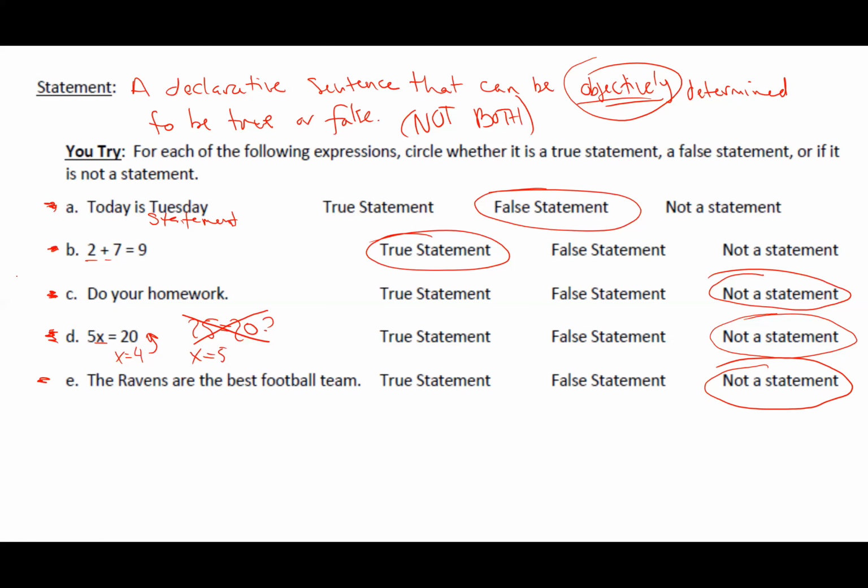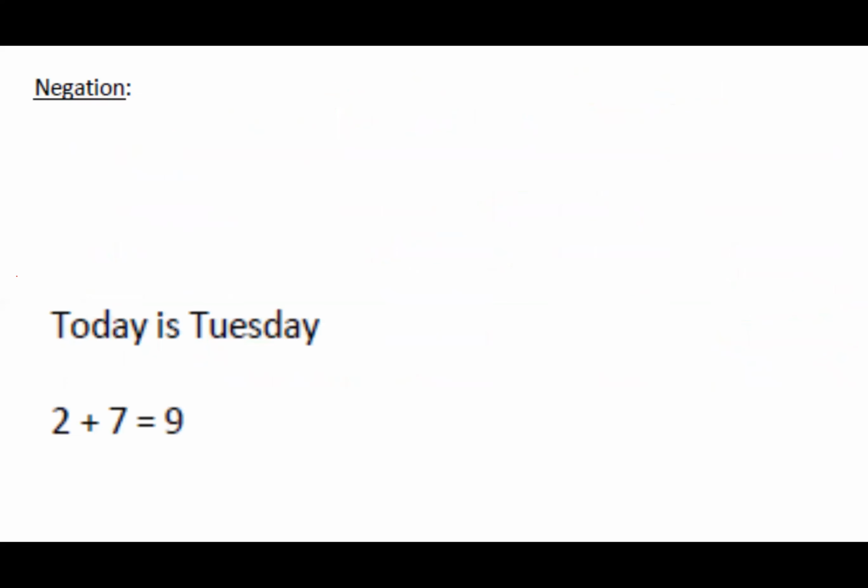Now, this is how we define what a statement is. Now, the way that we negate a statement, what a negation means is we're basically saying not, and the symbol that we use for this, we're going to be talking about symbolic logic, is this little swirly. We call this a tilde.